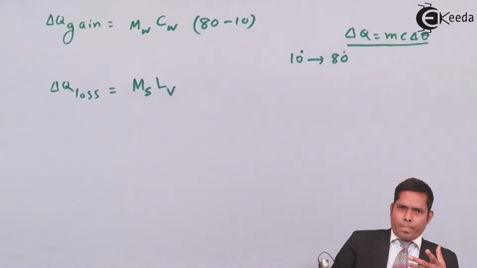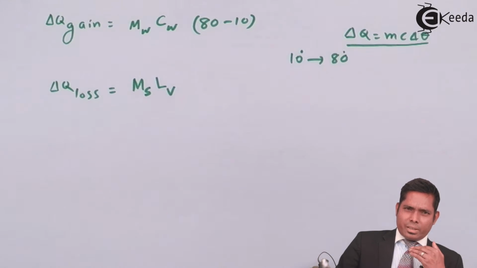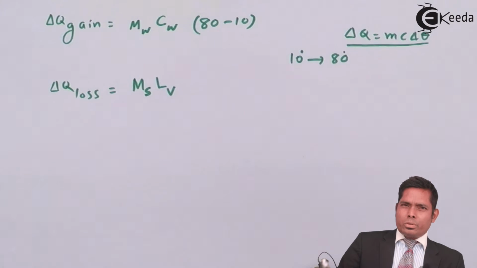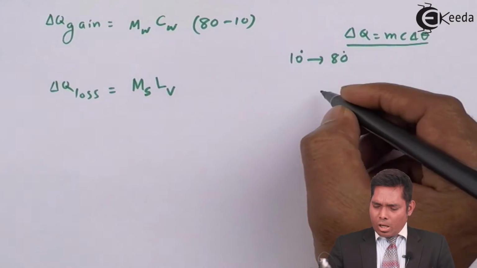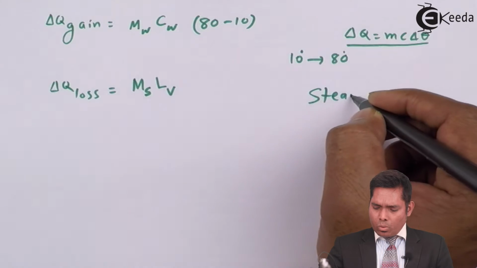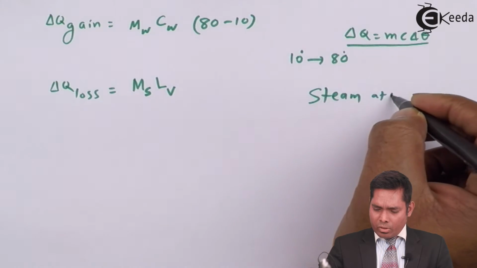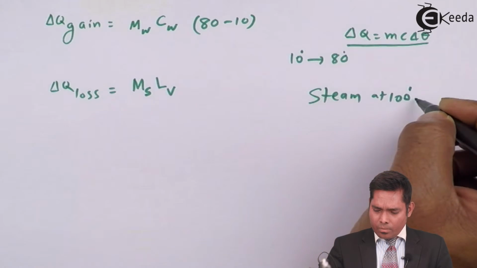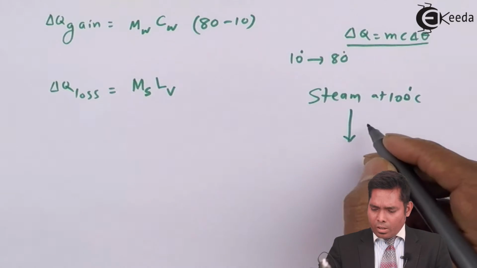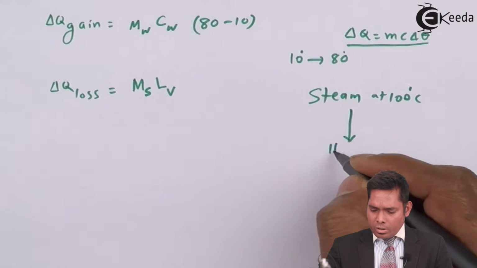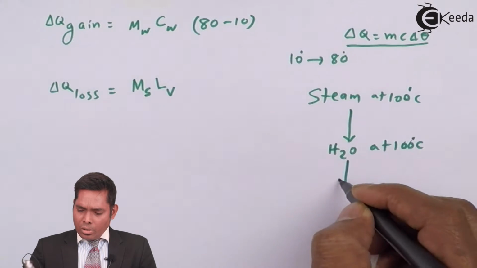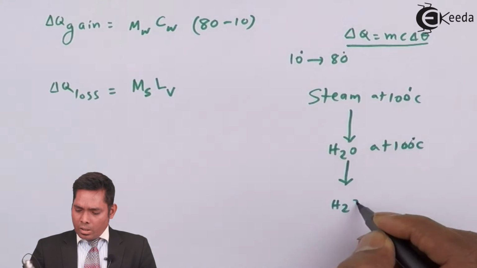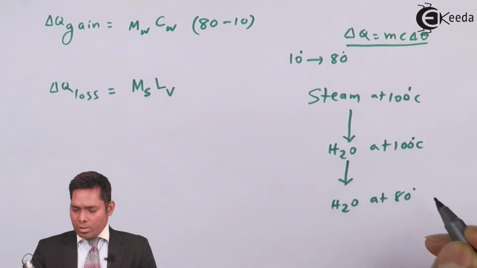Because the steam at 100 degrees centigrade must first be converted into water at 100 degrees centigrade, then to water at 80 degrees centigrade.